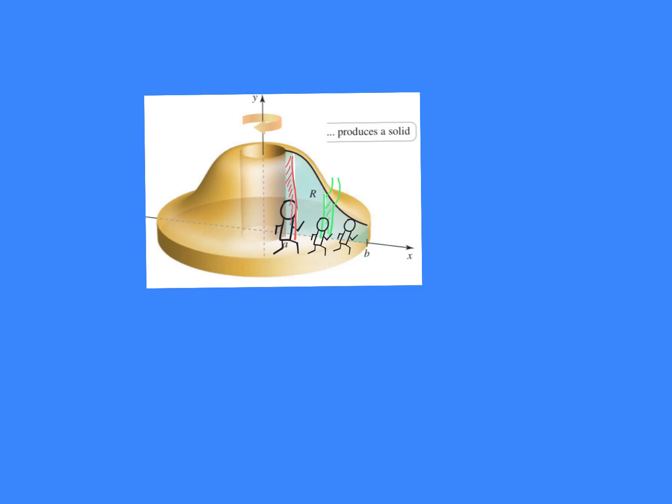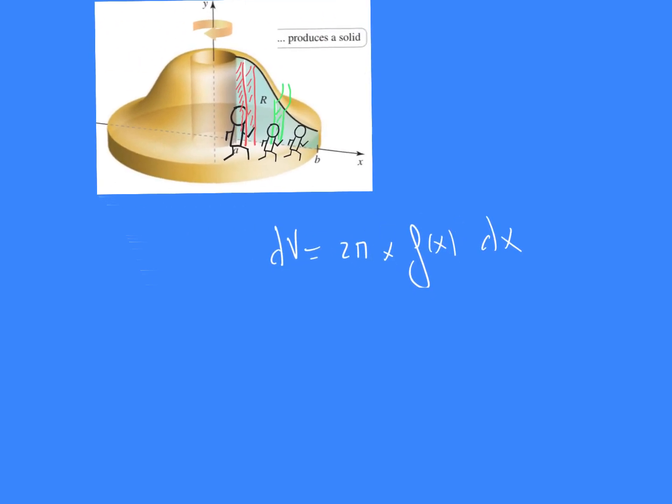The other guy next to him will generate a small volume. And the equation for each of these small volumes is 2 pi x f of x, that is the height of the door, by dx. And the total volume is the sum of the individual volumes.